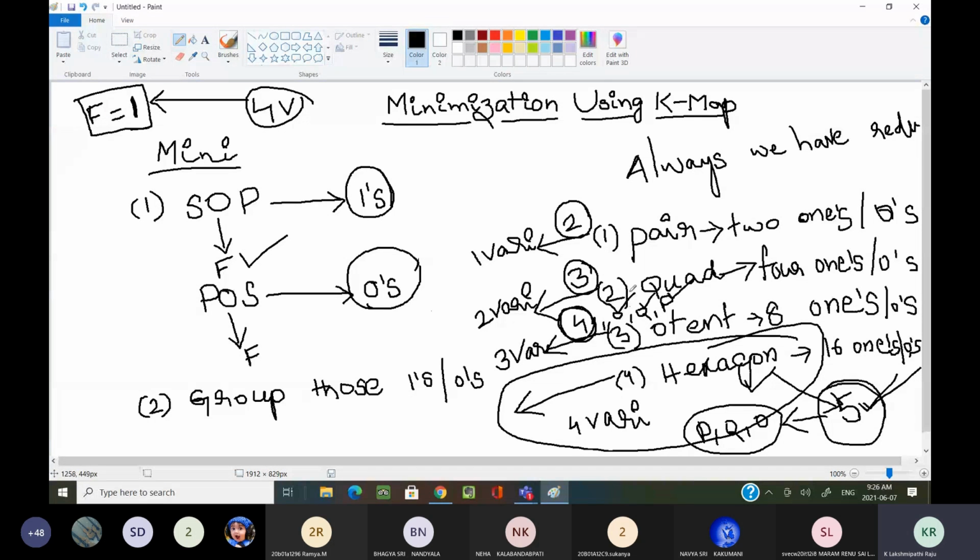In the same way, if you consider a 3-variable Boolean function, there you can form a quad as well as a pair. If you consider a 2-variable, you can form a pair. You cannot form a quad. If it is a 3-variable, you cannot form an octant.